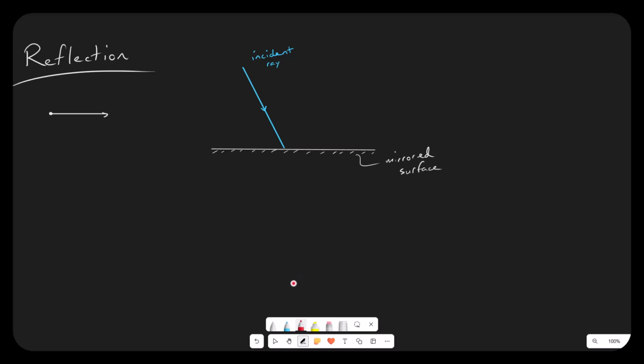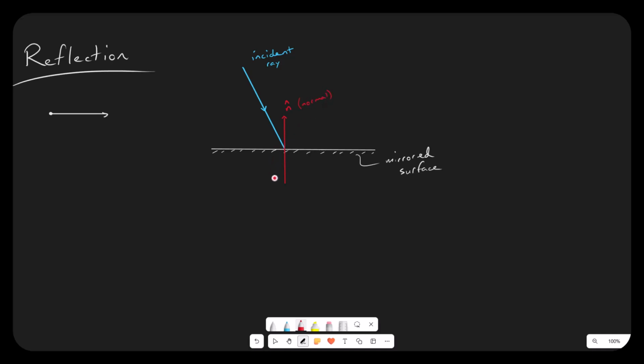Now when we do optics, what we need is to measure everything relative to the normal. The normal is just a line that is perpendicular to the surface, or perpendicular to the interface, I suppose. Call this a normal vector.